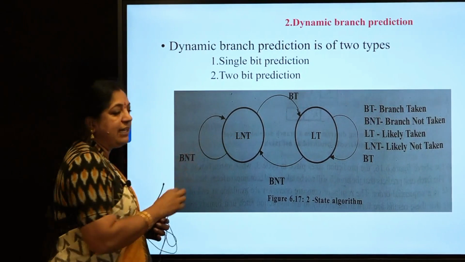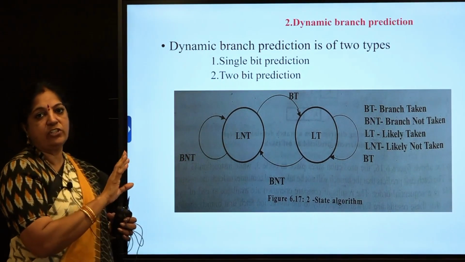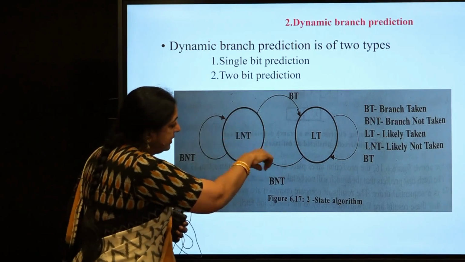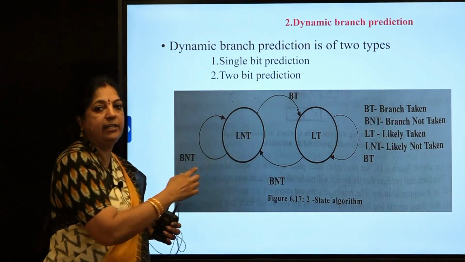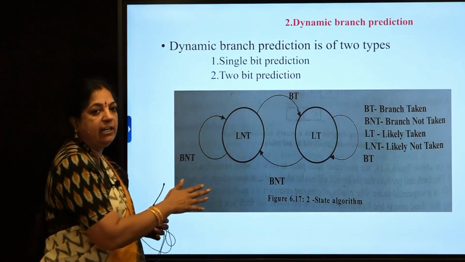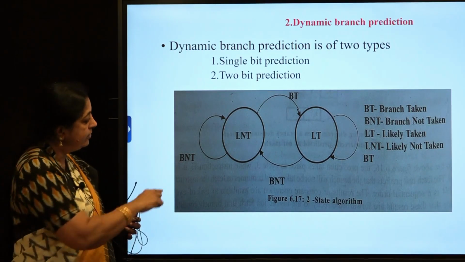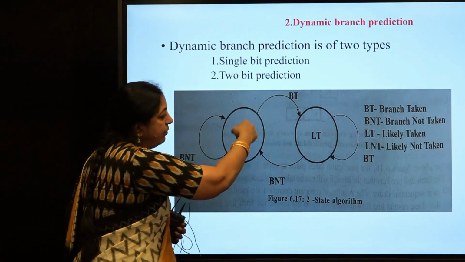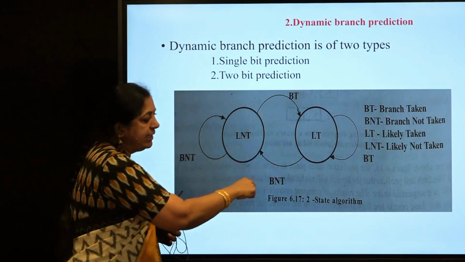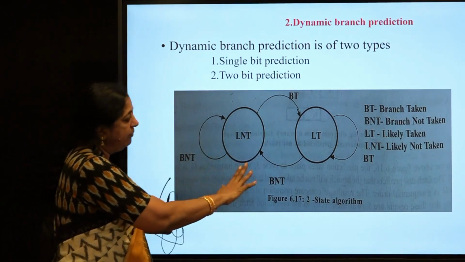Likely not to be taken means we are expecting that there will not be a branch in the instruction. Based on this, we prepare a state chart diagram. How this actually works, how the state moves from one state to another and how many times, all these things you will learn in the FLAT or CD course. Here, just understand the diagram.